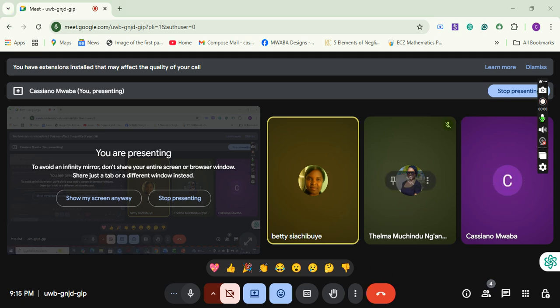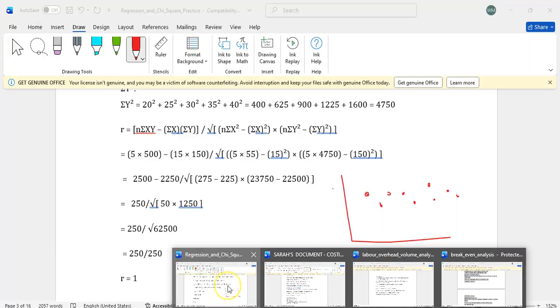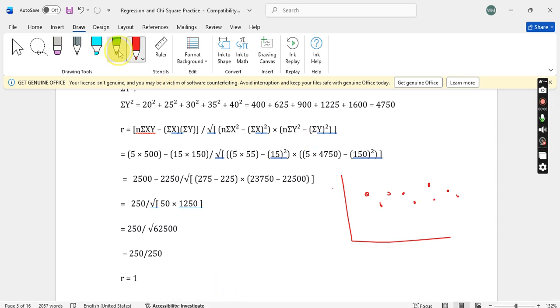So as I was explaining, if you see your scatter plot is like this, it means there is no relationship here. If you try to draw a straight line, it's just like this. If you see a scatter plot like this, you can say there's a negative relationship between the two variables. As one is increasing, the other is decreasing.